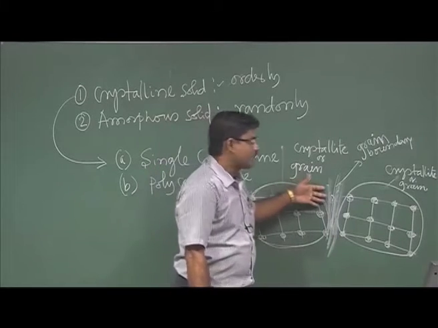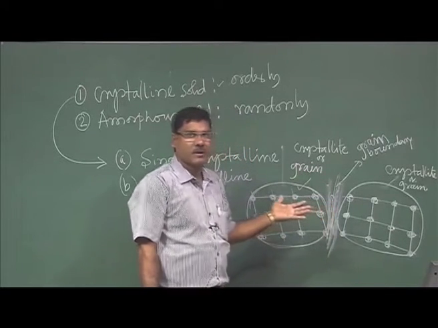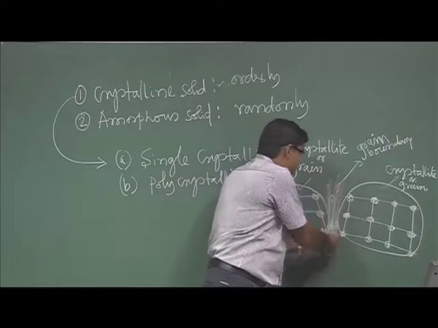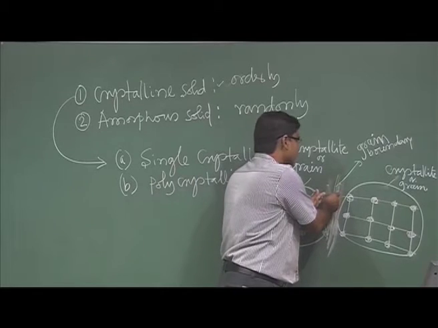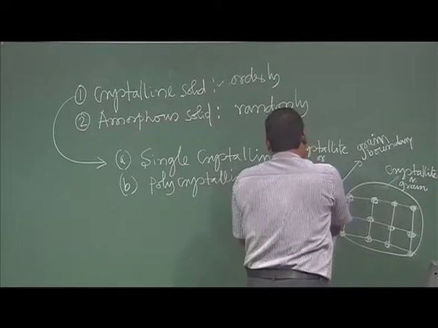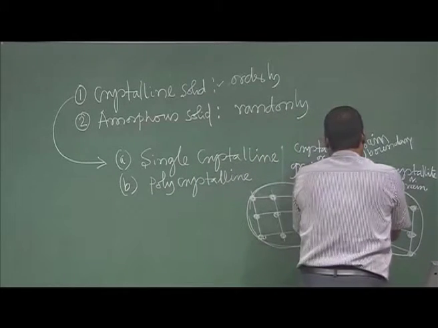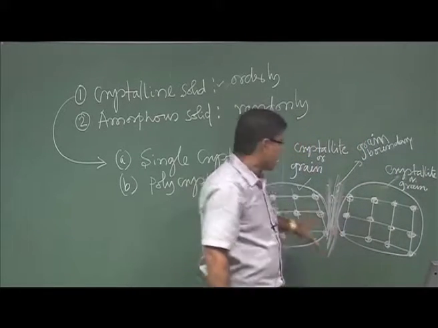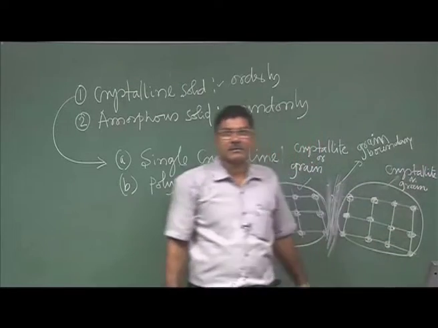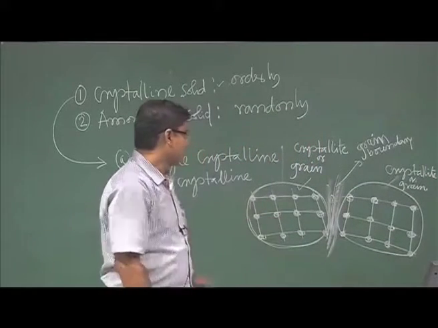and the same solid can be single crystalline when this interruption is not there. So, there will not be any grain boundary. This grain and the other grain will have the same orientation, as if they are continuing the arrangement in the same way.